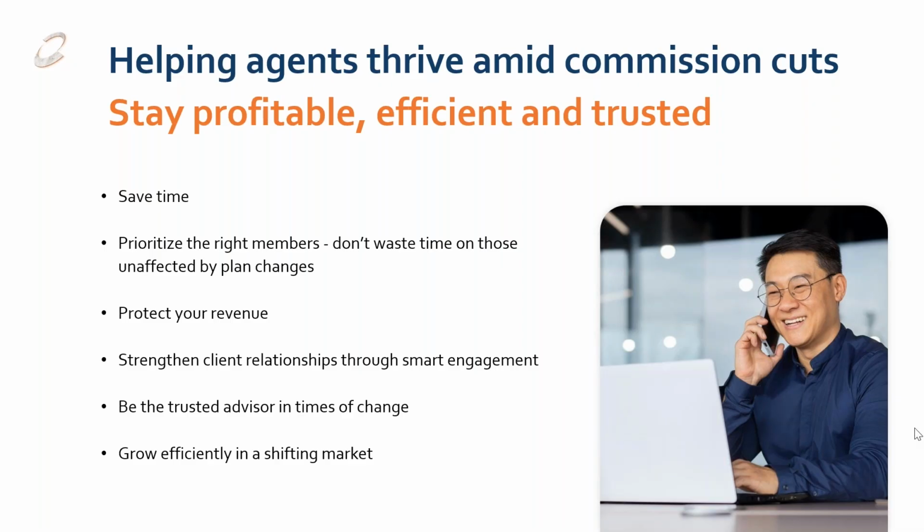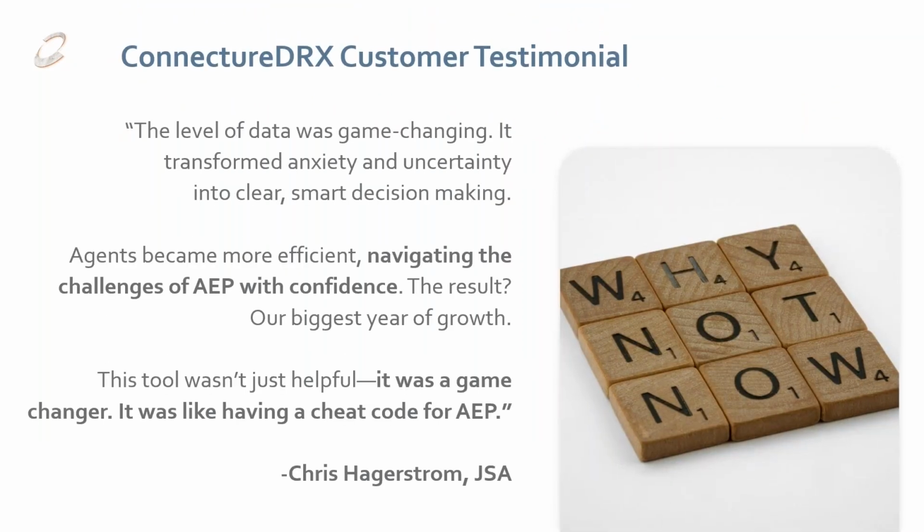And one of our partners, Chris Hagerstrom from Jack Schroeder and Associates, or JSA, I think said it best after all the dust had settled from AEP, which was, he said, and I quote, "It was like having a cheat code for AEP." He said that a few times, and I love that. They were able to see record growth because their agents were more confident, more efficient, more productive, and focused on the right members at the right time.